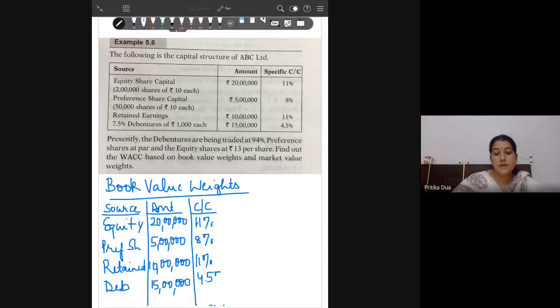So this is the information that is already given to you in the question. The first step will be calculation of weights.